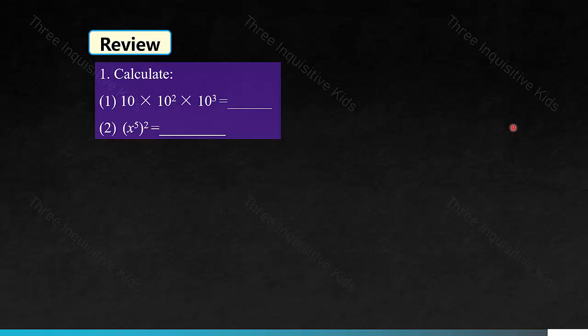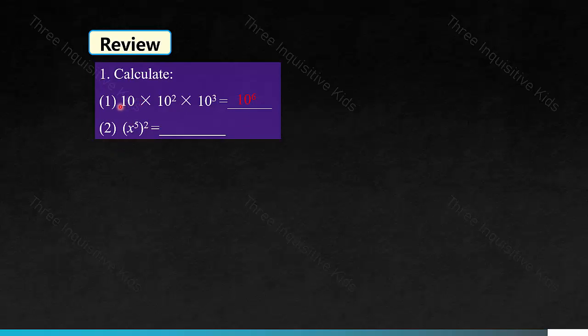Here's some review. I want you to calculate these two expressions. For this first problem, you'll get 10 to the 6th power because we used the product of powers property. You add up the exponents together, but the 10, which is the base number, stays the same.